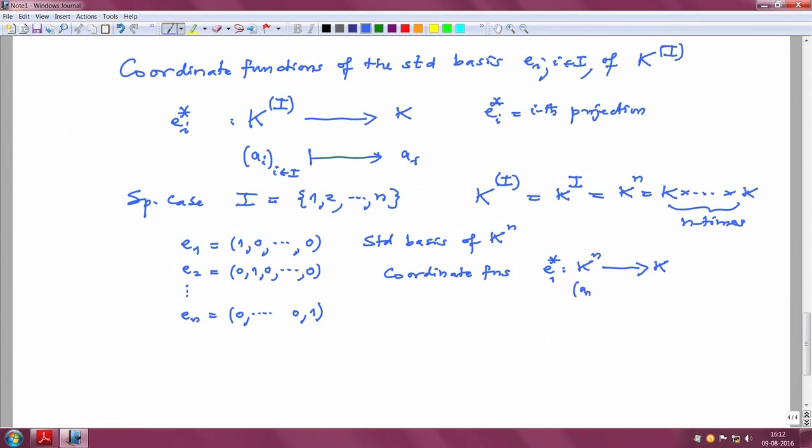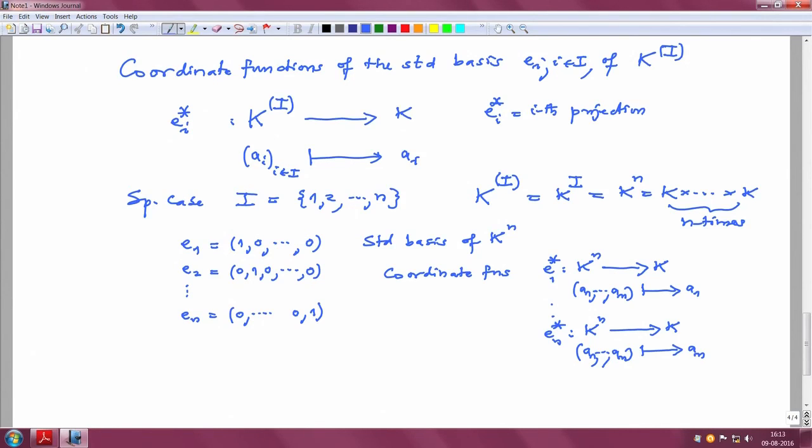So (a1, a2, ..., an) goes to a1, etc. En star is the nth projection, that is this tuple (a1, a2, ..., an) goes to the last component an, that is the nth projection. Okay, so this is the standard basis.